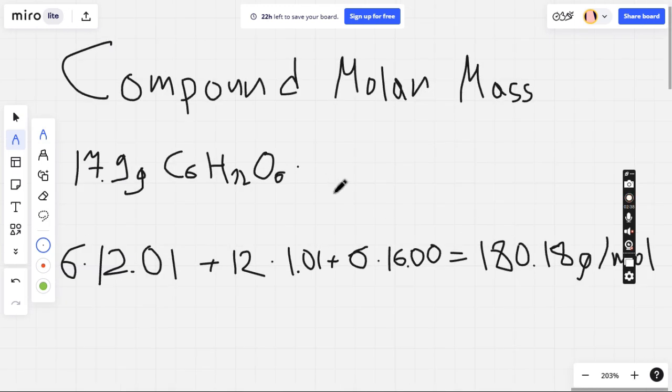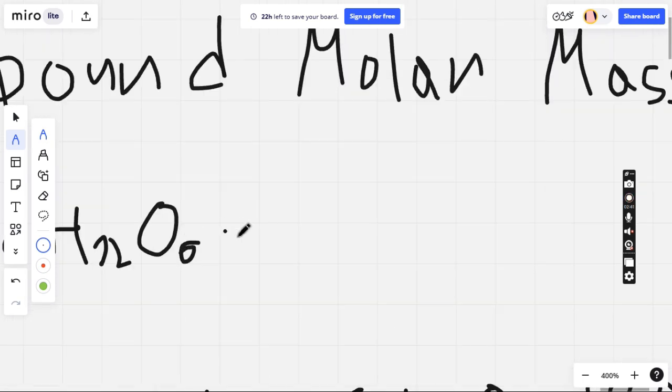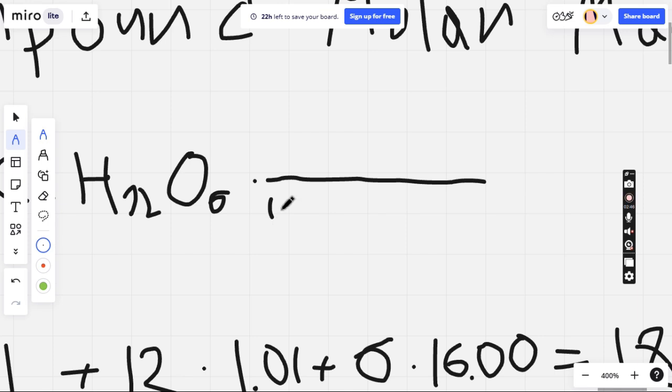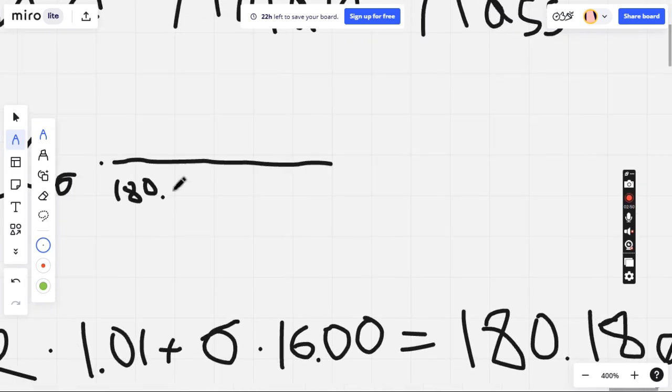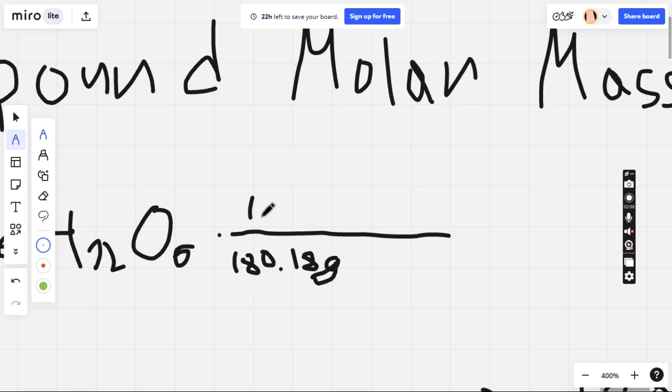So let's go back to our conversion here, and this is grams, so we're going to bring those grams down. 180.18 grams. I've got to write down the whole formula again, and that is in just 1 mole.